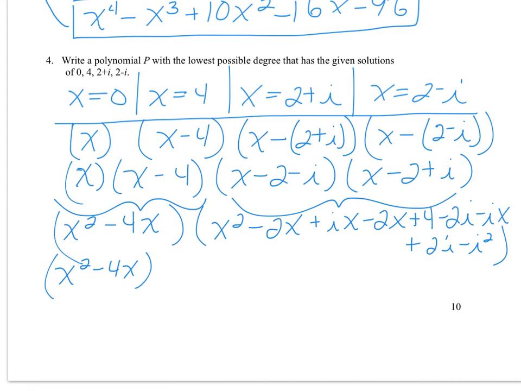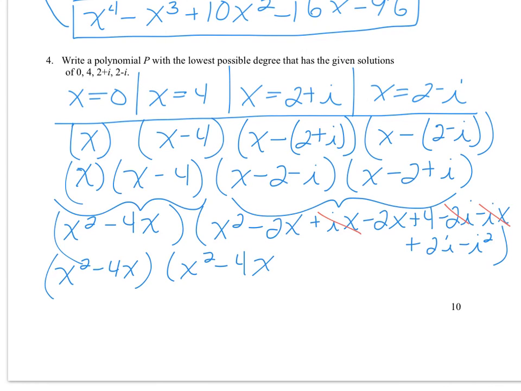All right, can I combine like terms and neaten this up? Let's see. I'm going to put nobody with the x squared. I've got a minus 2x and a minus 2x will give me a minus 4x. The plus ix and the minus ix cancel each other out. I've got a plus 2i and a minus 2i.